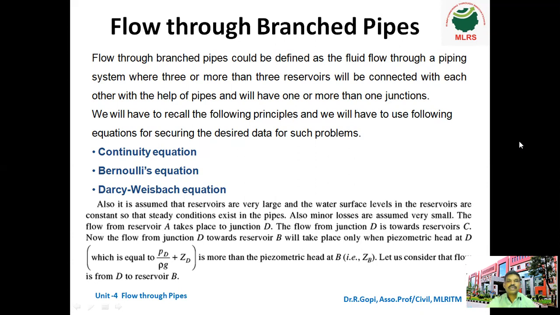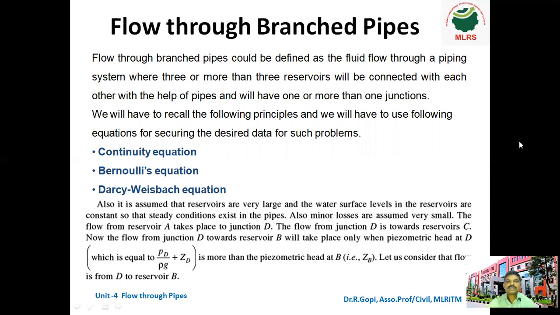Suppose three different tanks are there. One tank is located at a higher elevation, and the other two tanks are located at lower elevations. These three tanks are connected by pipes, and these three pipes meet at one point.